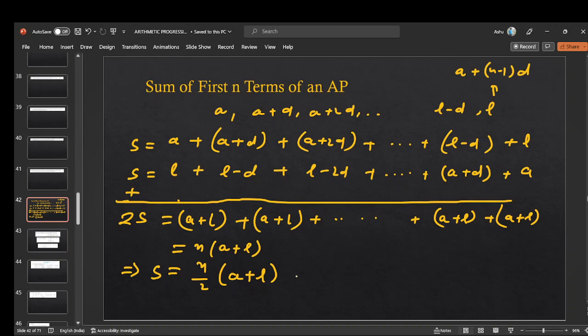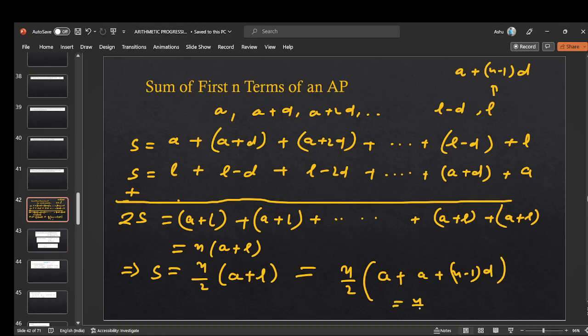We can write it in another way: n by 2 into a plus, putting the value of L, a plus n minus 1 into d.